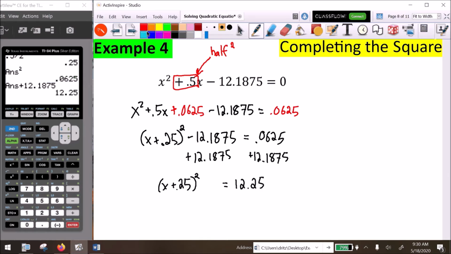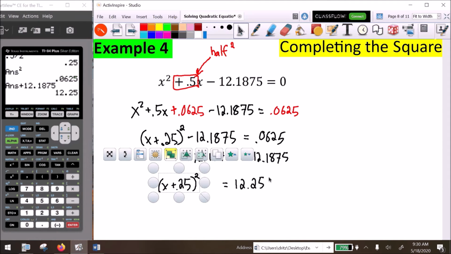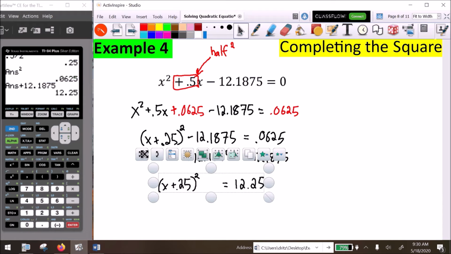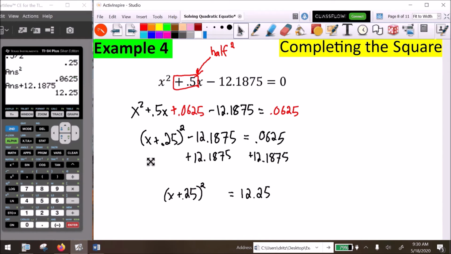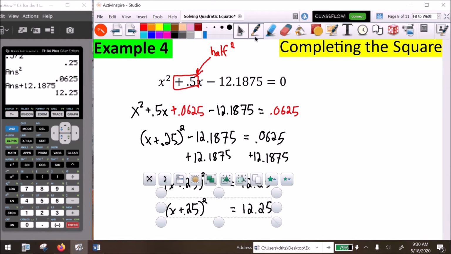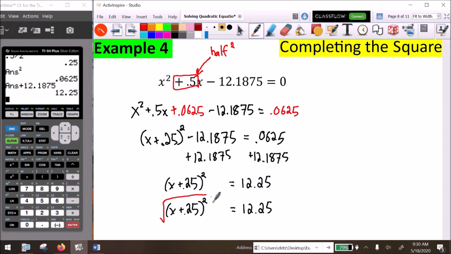Now, to solve this, x is being added to 0.25, then it's being squared. We're going to unsquare it by taking the square root of both sides of this equation. We haven't done this yet, but it turns out that there are actually two square roots of a number: the positive principal square root and the negative square root. So we have to consider both the positive and the negative square roots of 12.25.